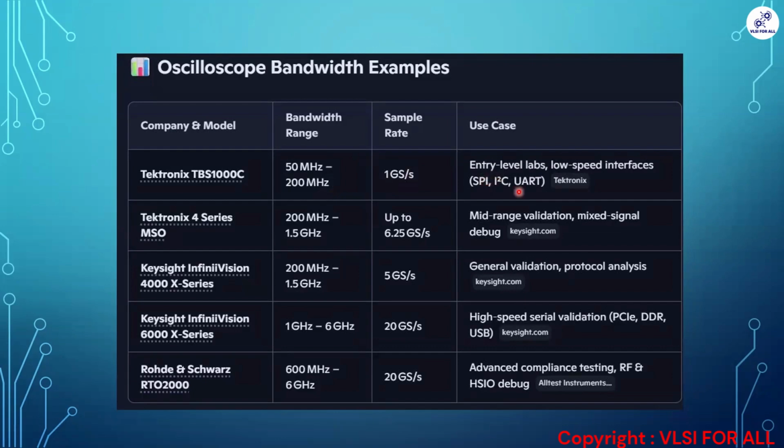It is used for SPI, I2C, UART, which are in megahertz, so the clock is also in megahertz. So we'll be using low speed IPs with a low bandwidth oscilloscope.